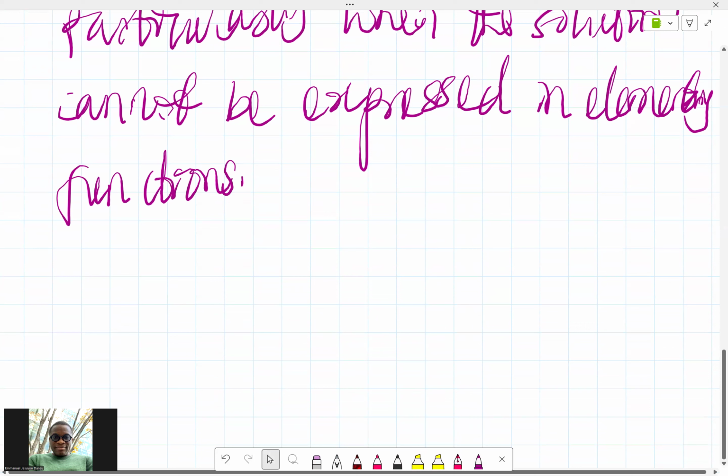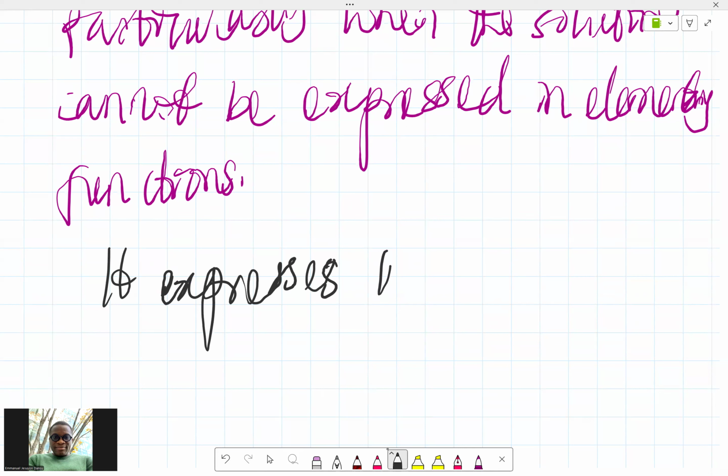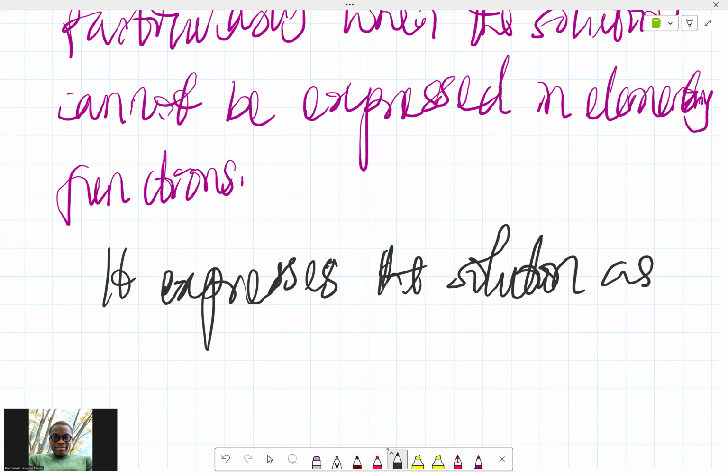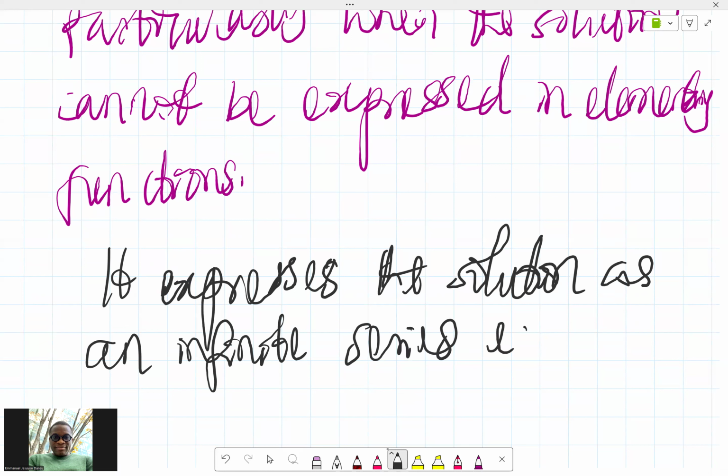It expresses the solution as an infinite series expansion.